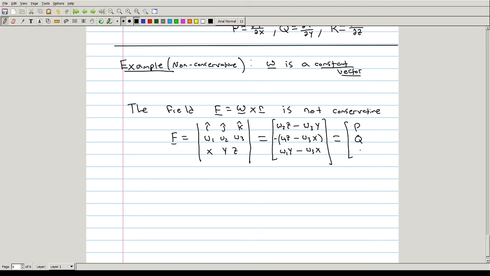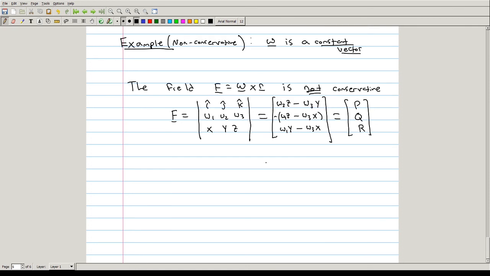So this is our vector field P, Q, and R. This vector field is not conservative. And we'll see exactly why in a little bit.